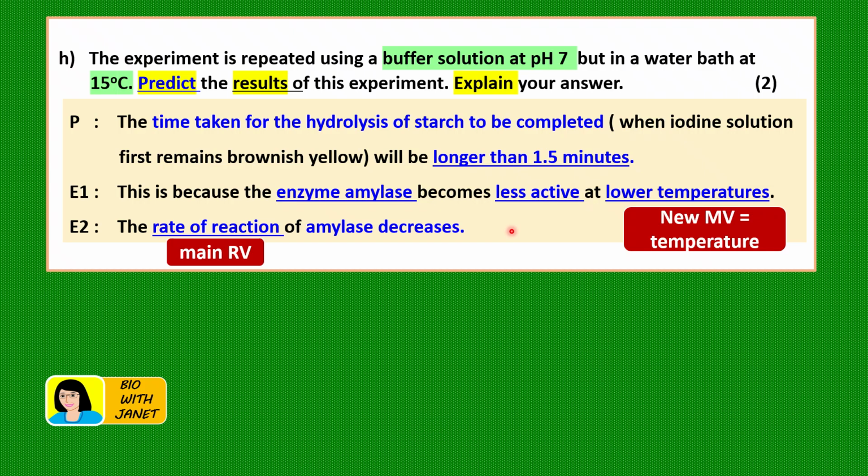So for prediction, always mention the main RV. What happens to it? The rate of reaction of amylase decreases at lower temperatures. Okay, so notice that the first explanation relates to the biological reason, okay, of the effect of temperature on enzyme amylase. And then the next one is to state what happens to the main RV.